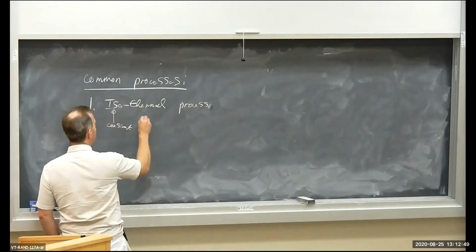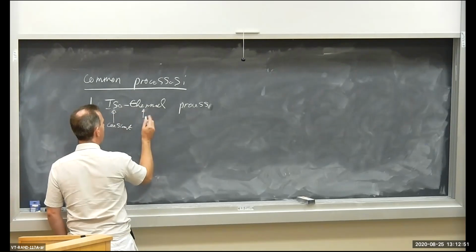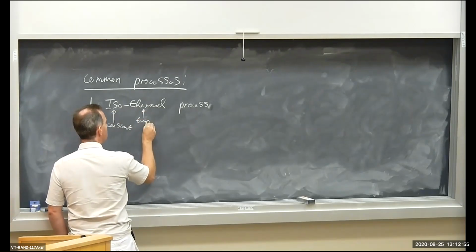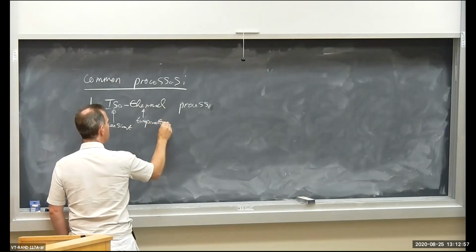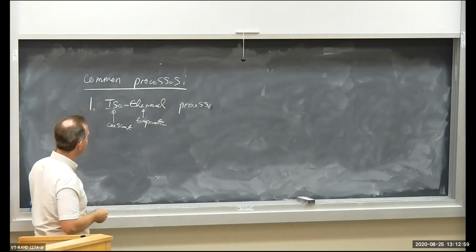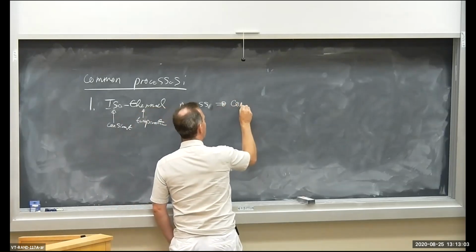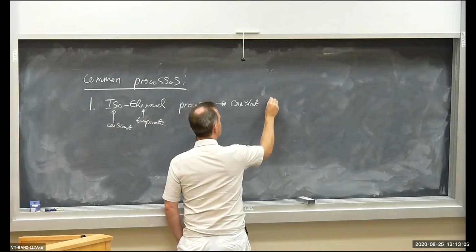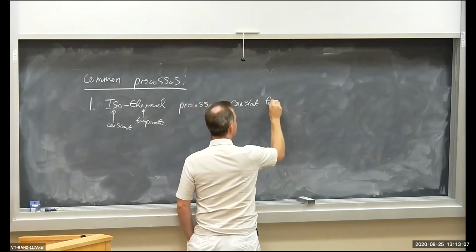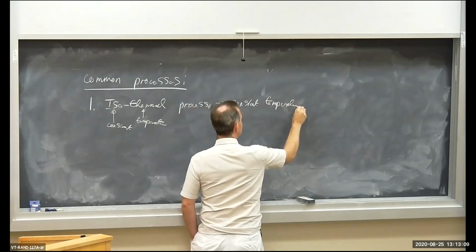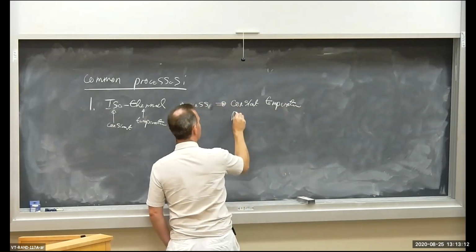So isothermal refers to temperature or constant temperature. Constant temperature. So isothermal process is a constant temperature process.